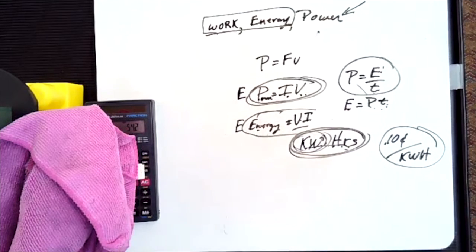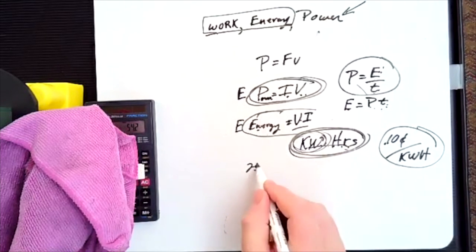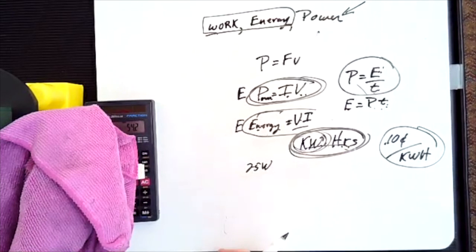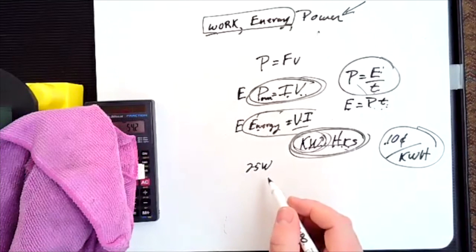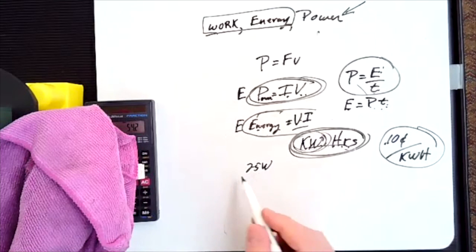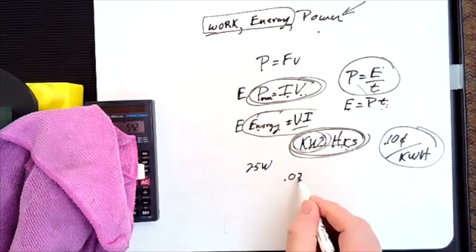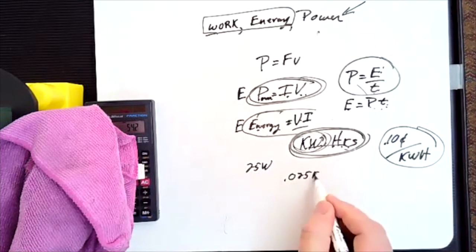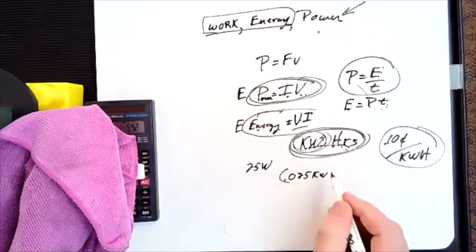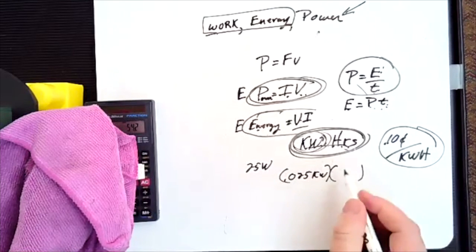Like if you have a 25-watt light bulb in your room and you left it on all day today, right? So 25 watts is how many kilowatts? It'd be divided by 1,000, so it'd be 0.025 kilowatts. And then you left it on all day today, we'll say like 8 hours.